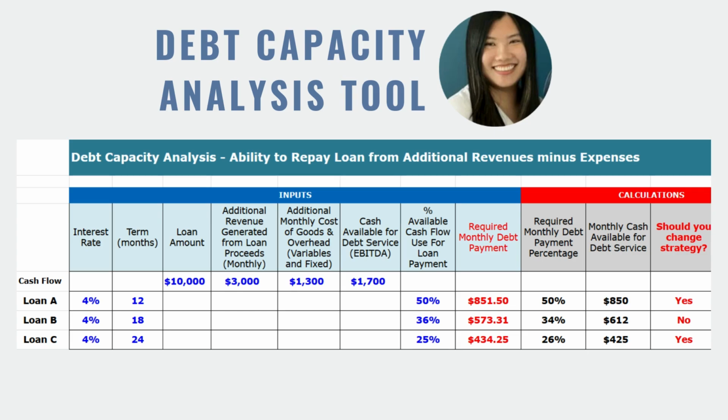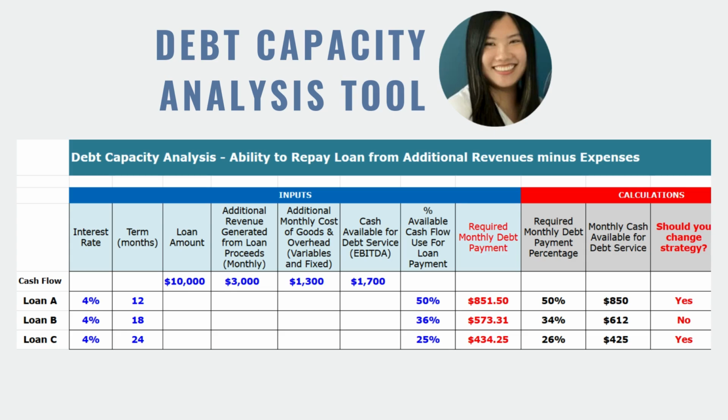But there is a way to arrange loan payments to the benefit of the business by, 1. Looking for loans that carry lower interest rates, in this case 4% loans, and 2. By spreading out the life of loan terms. In the chart, 3 different loan terms are listed at 12, 18, and 24 months.